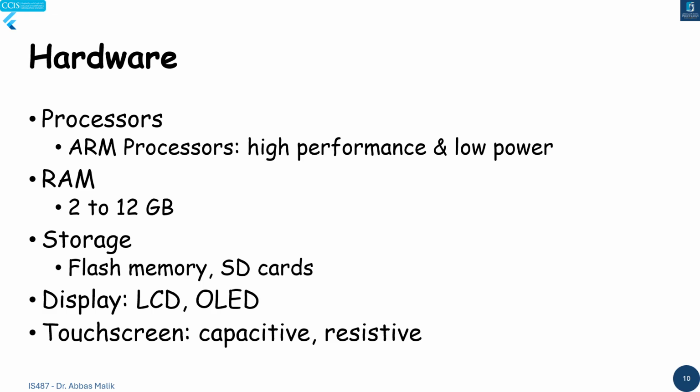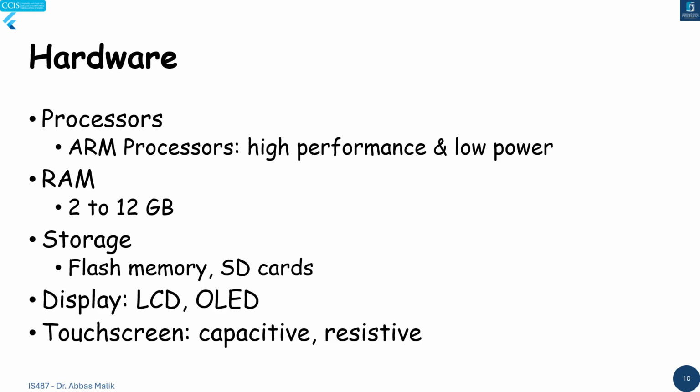Hardware capabilities of these devices: normally we are using the ARM processor, which are high performance and low power processors. The RAM ranges from 2 GB to 12 GB and maybe more now. Storage, flash memory, SD cards. In the older versions of mobile phones, they had the SD card so that you could increase the storage capacity of your device.